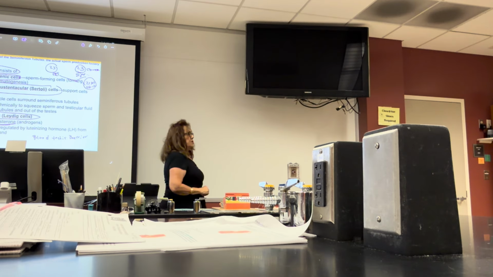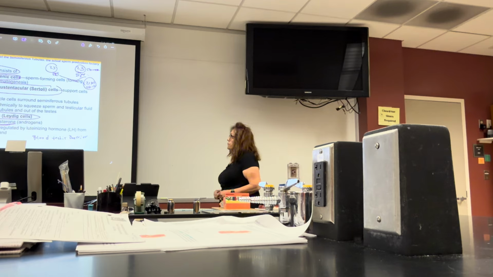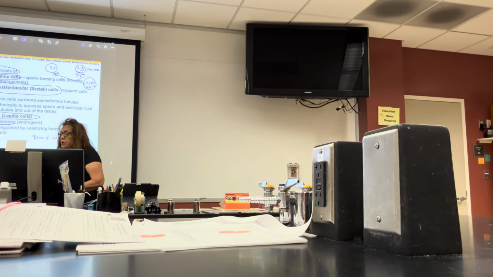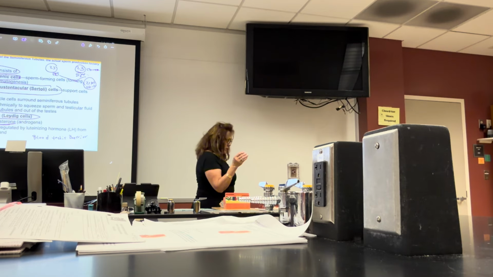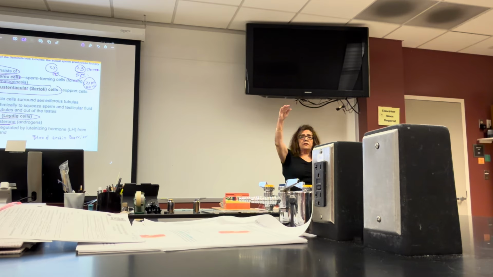The first one is the epithelium of the seminiferous tubule, okay? The epithelium of the seminiferous tubule contains the spermatogenic cells, which are the cells that produce spermatozoa, but the spermatogenic cell must go through 4 stages of differentiation.